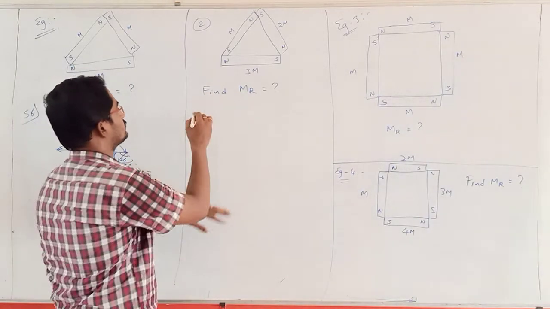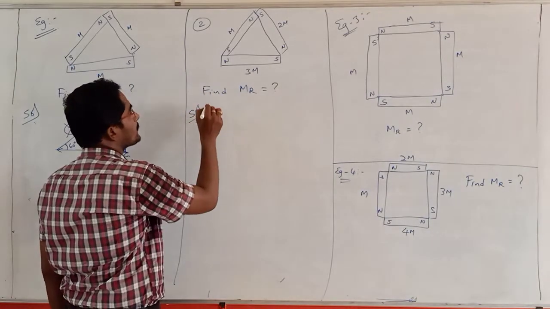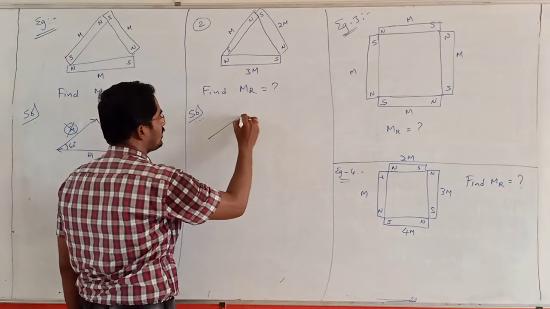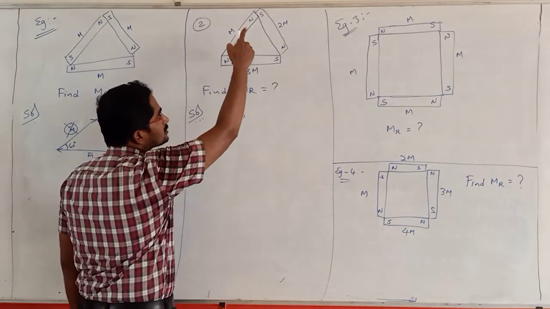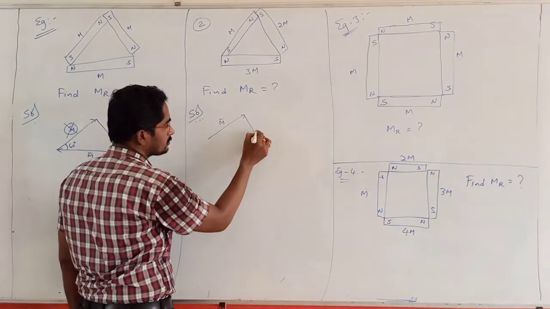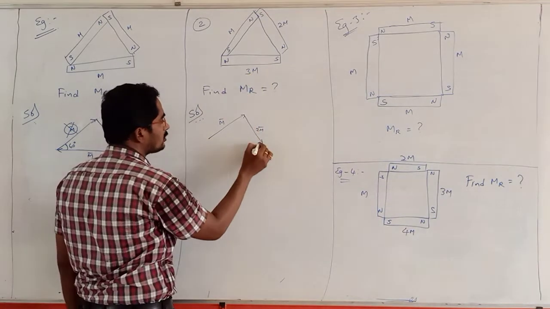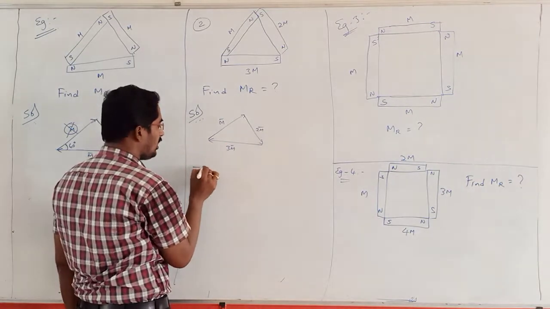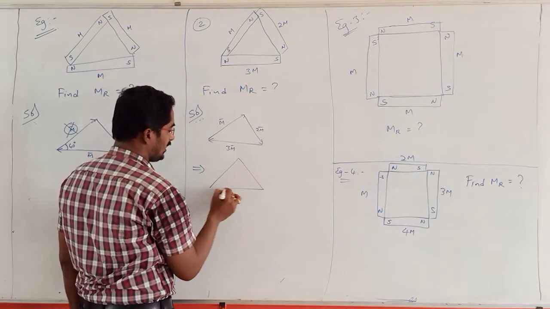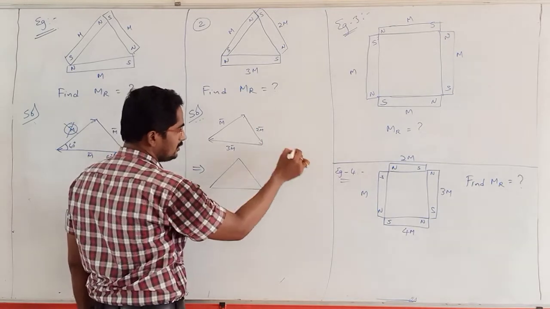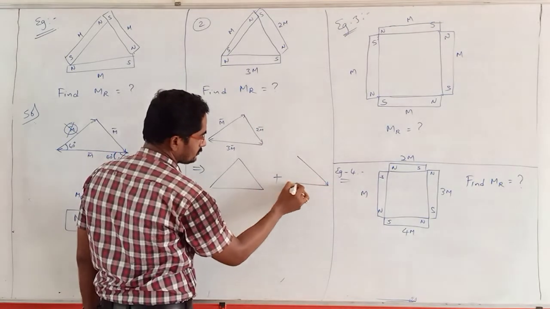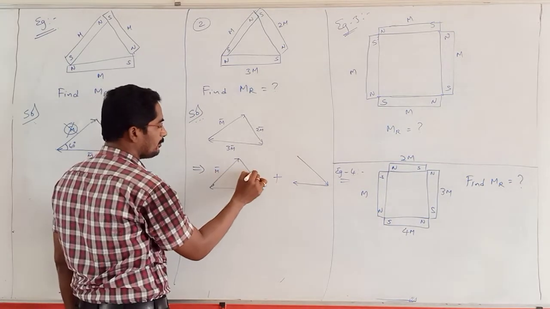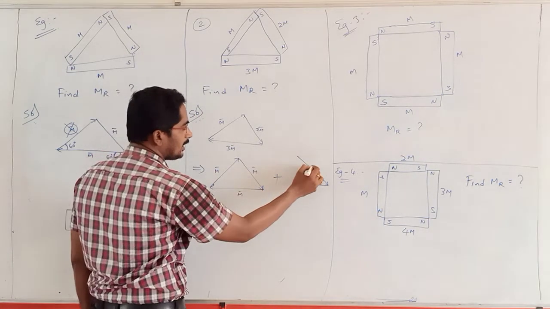Now come here. In this diagram, south to north is m bar, then 2m bar, and south to north 3m bar. How can we write it as the sum of these two? In the diagram you can write it as the sum of these two: m bar, m bar, m bar, and m bar and 2m bar.